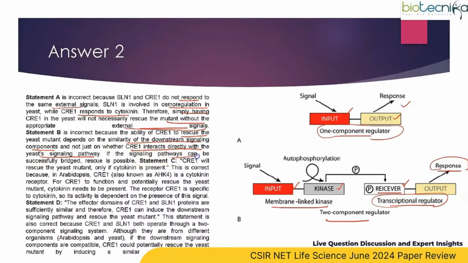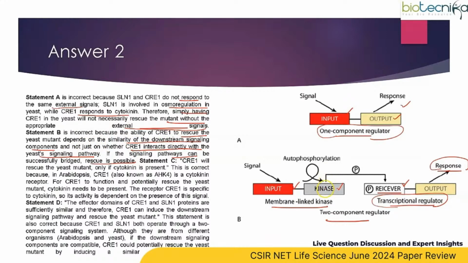If the signaling pathways can be successfully bridged, rescue is possible. Are you understanding? It is not because CRE1 and SLN1 are responding to different signals.